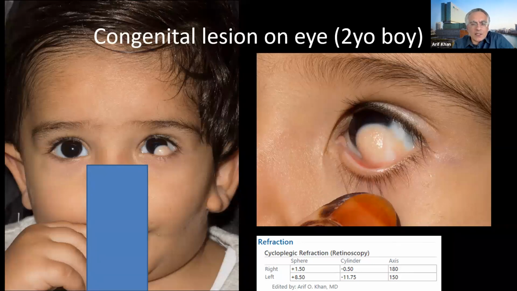They're typically inferotemporal, as it was in this child, but rarely they're on the cornea itself. So obviously, if it's on the cornea, that's obstructing the visual axis, and that has to come out. But for most of these peripheral ones, the indication is reconstructive surgery for a normal appearance, not really for visual function.